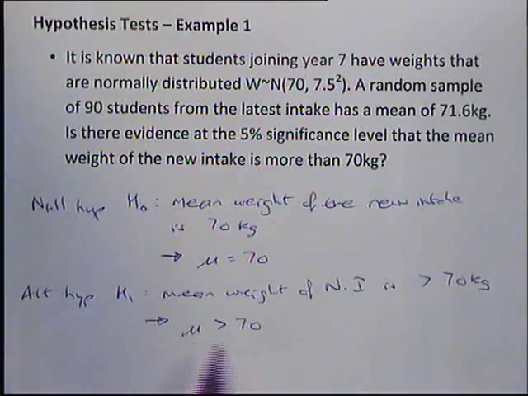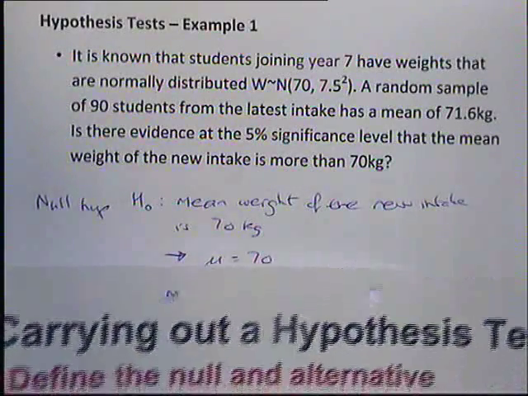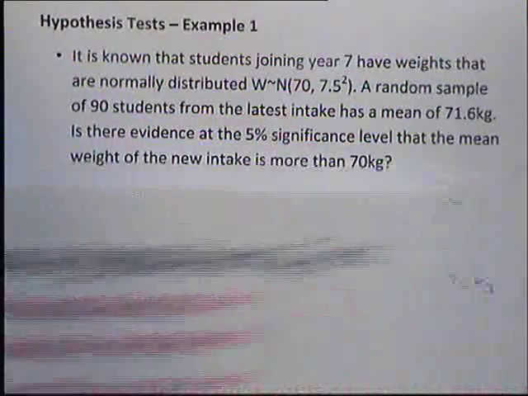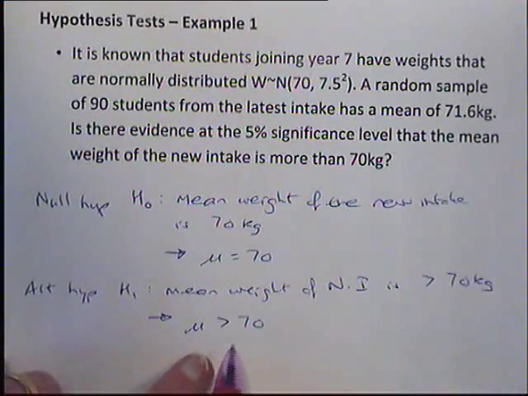Now, this sign here tells us whether we are dealing with a one or a two-tailed test. We are only interested in a deviation one way. It's a greater than. If it was a less than, it would be one way. What do you think it might be if it was a two-tailed test then? Between two, so going either side.